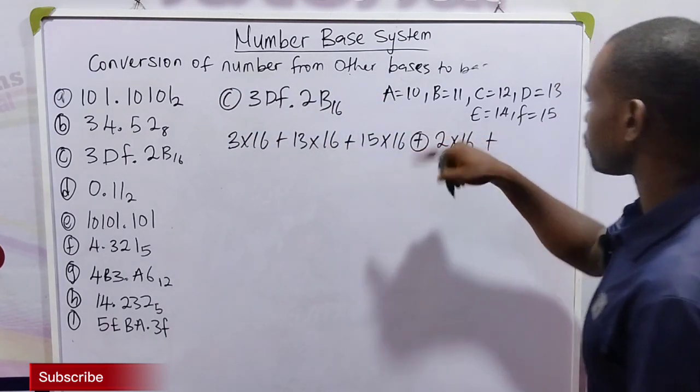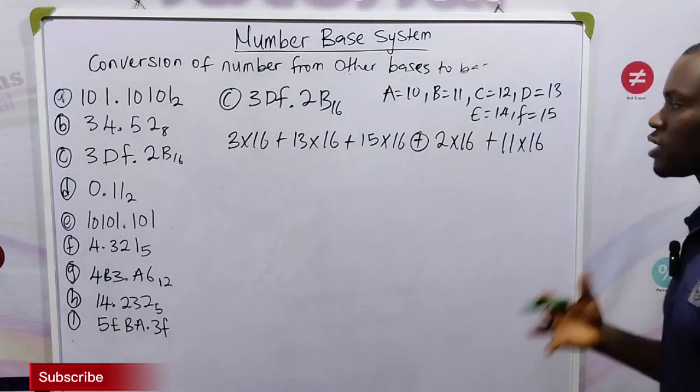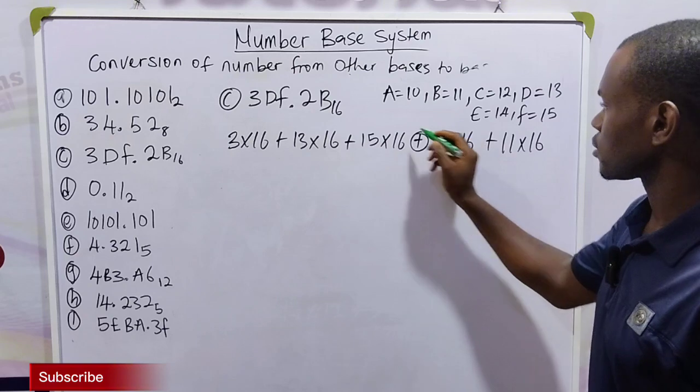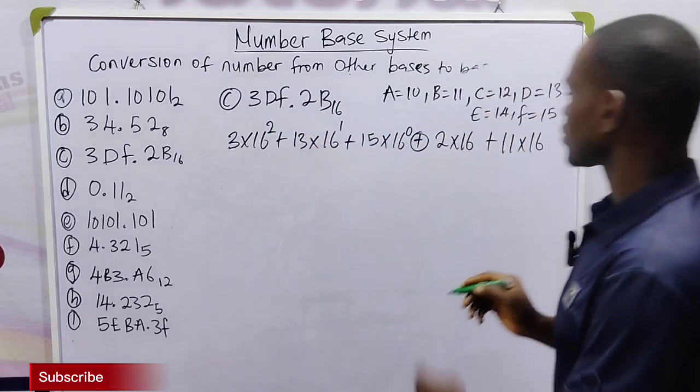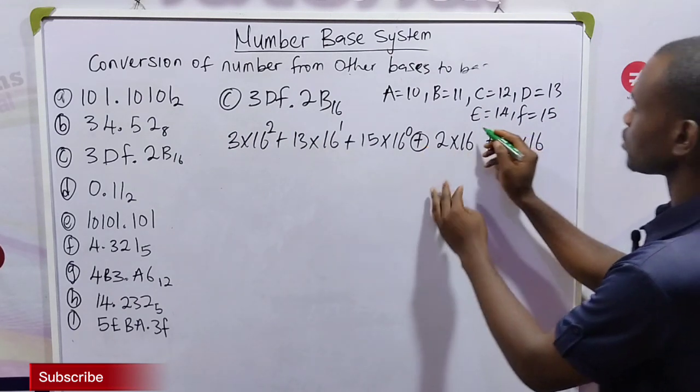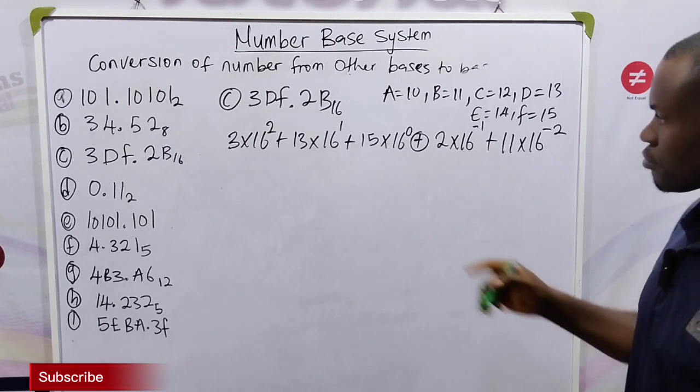And lastly, b is 11. 11 times 16. So let's assign the exponents. Here is 0, 1, and what? 2. Then when you get to the decimal part, you begin with -1, -2, and so on.